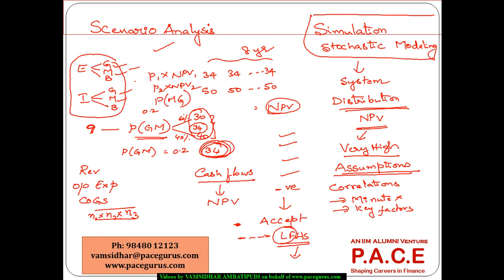On a simple note, if I really want to establish a distribution of the NPVs, I can rely on a slightly simpler approach, which is the scenario analysis, or a completely automated system-based approach, which is simulation, but overall resulting in a better treatment of the NPVs, better evaluation of the project, and better decisions to be taken. All right.